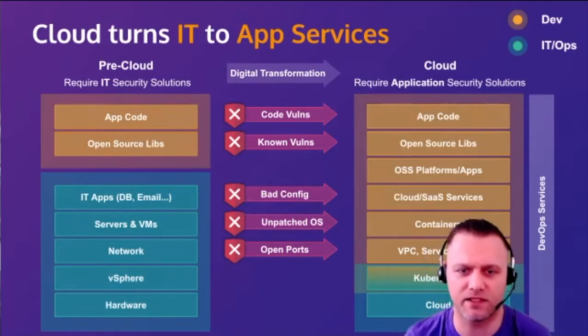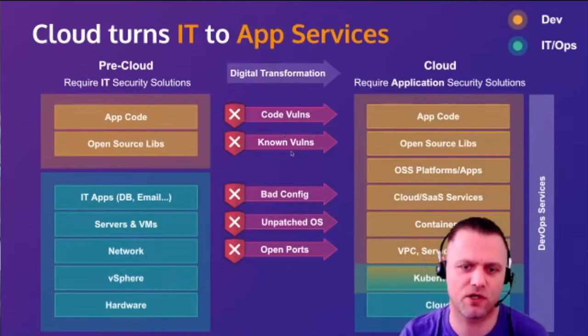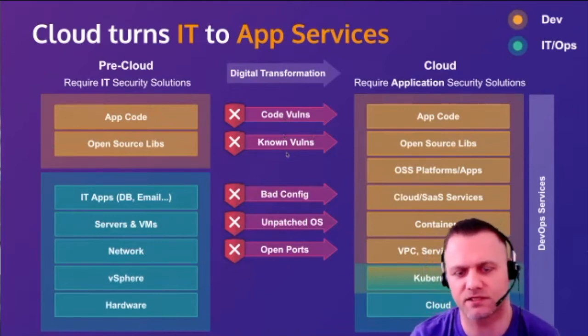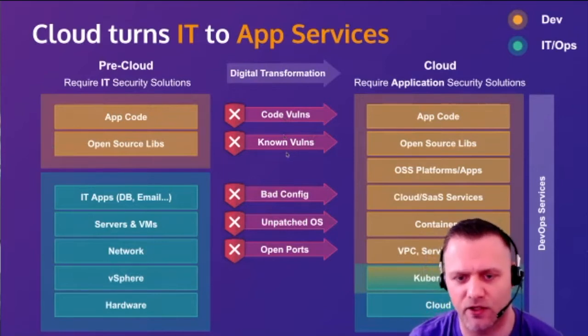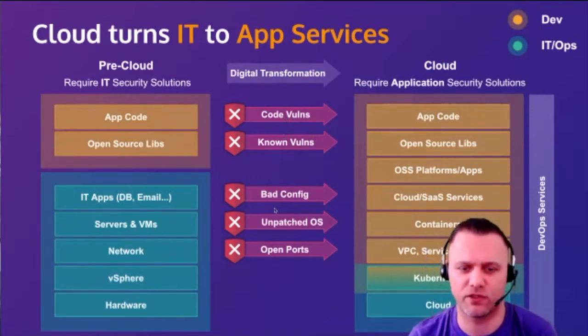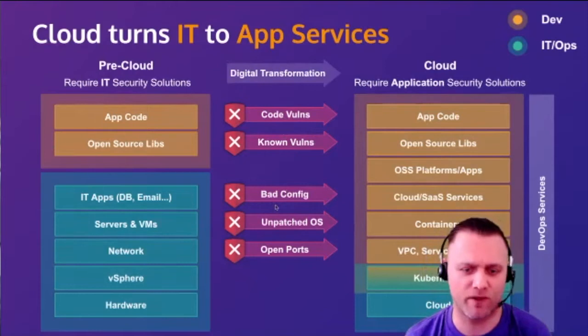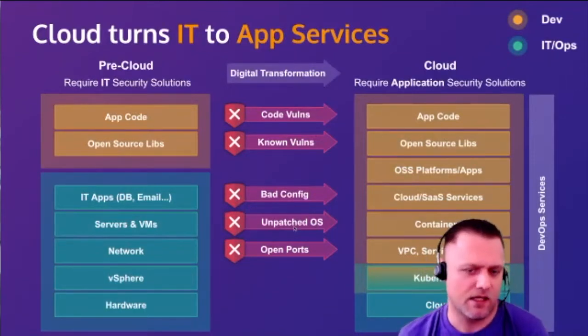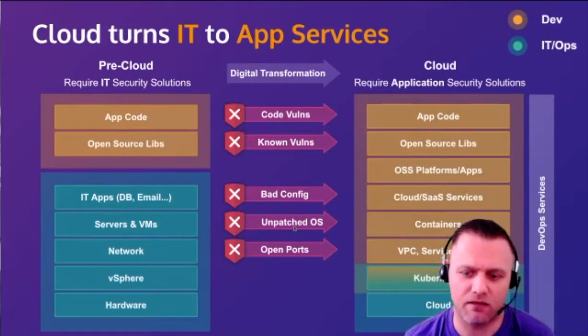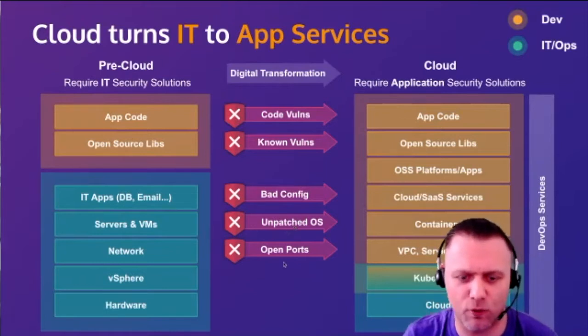We can see this here in the middle: issues in my own code, issues or vulnerabilities in the open source dependencies that I'm relying on. We can have bad configurations. For example, I copy paste something from Stack Overflow because I'm lazy, and I take default settings from a Dockerfile, or maybe unpatched operating system base images that have issues, and maybe I leave ports open that shouldn't be open.